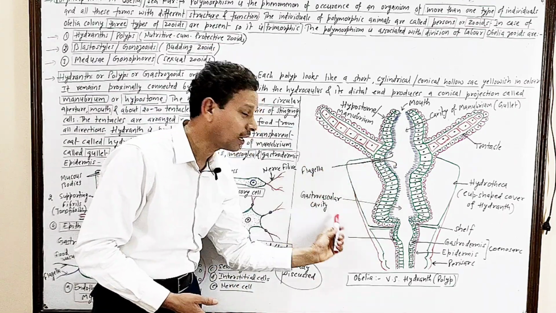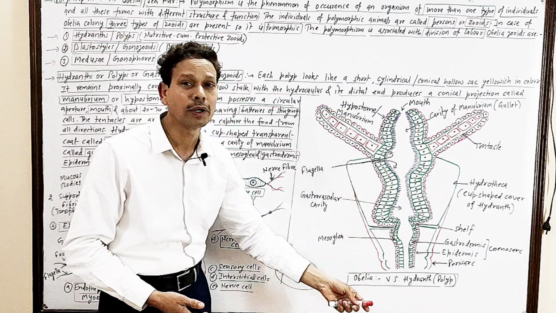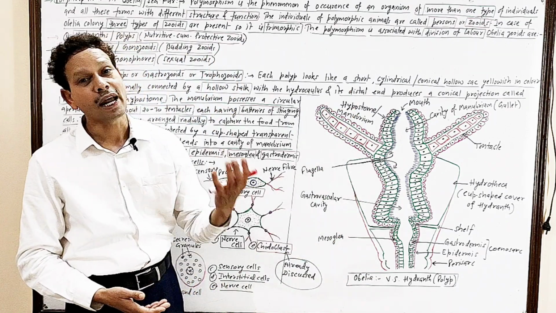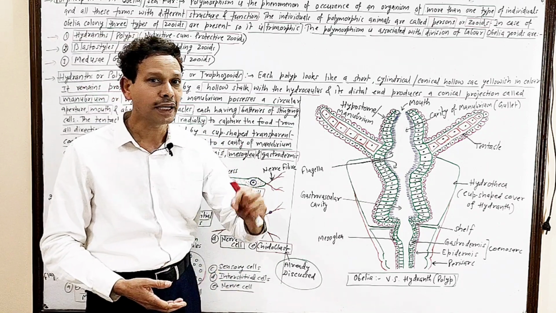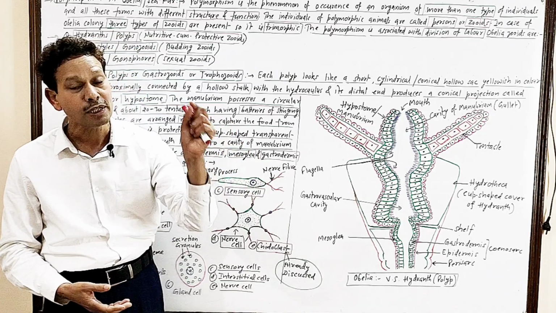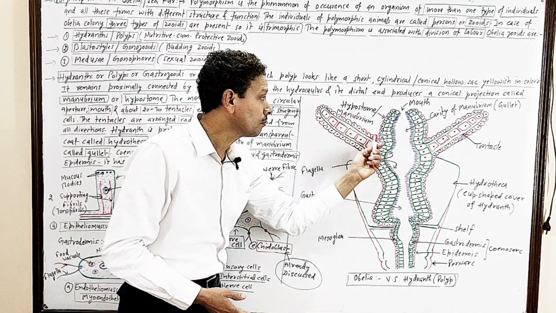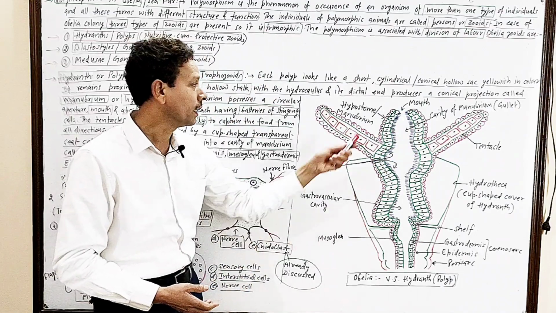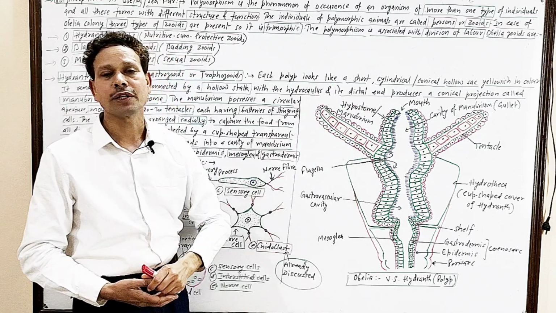It is also named coelenteron. As Obelia is a coelenterate, in these coelenterates the main body cavity, the gastrovascular cavity, is also named coelenteron. Dear students, the projection manubrium is surrounded by finger-like projections.